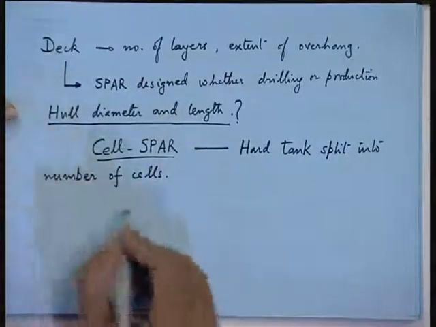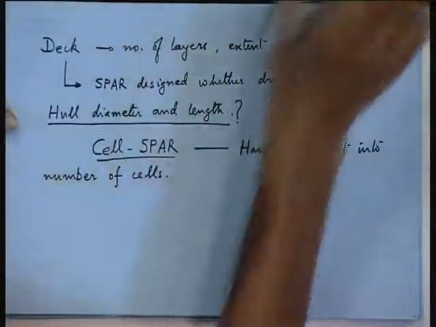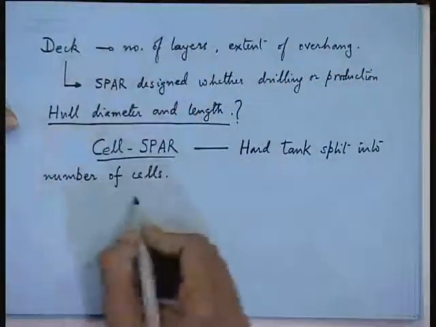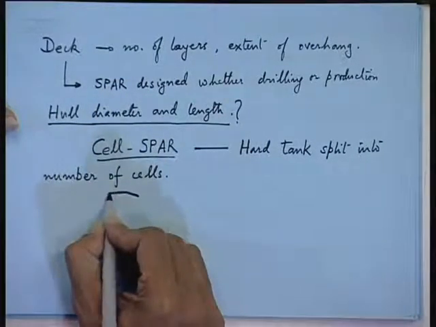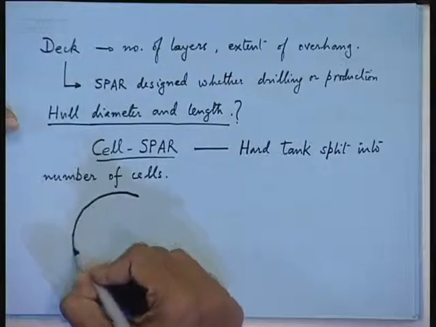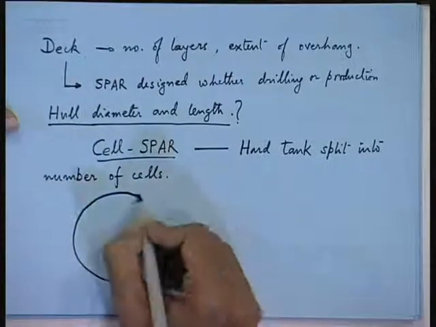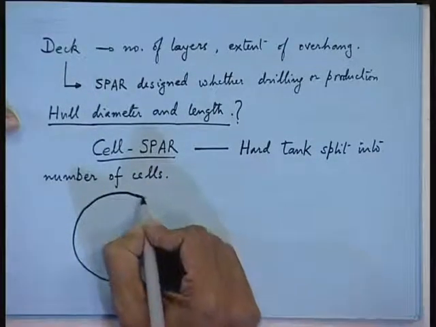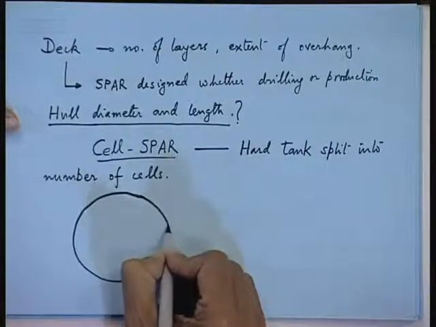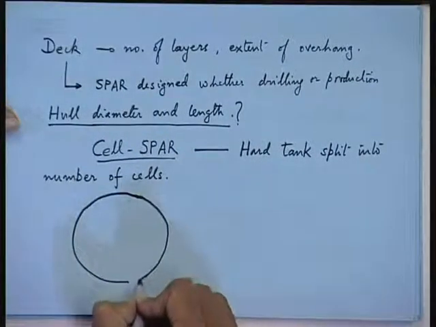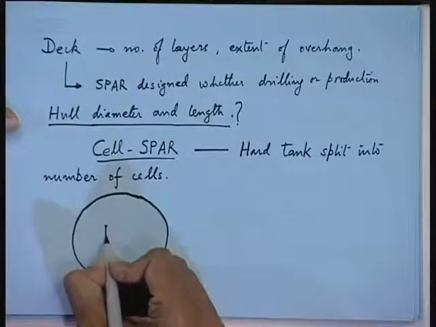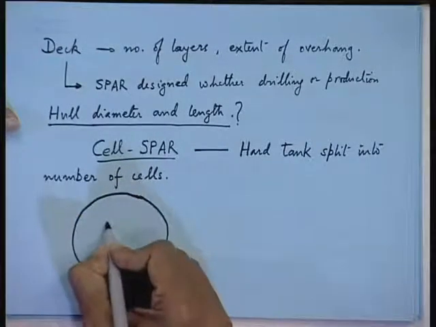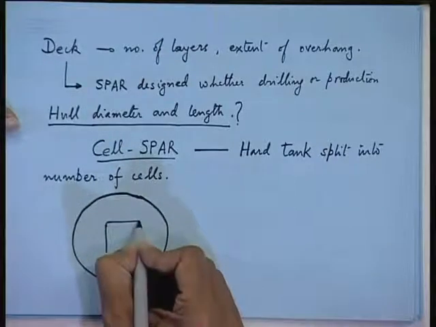Now the hull, if you take a cross section across the hard tank, you will find that your cross section looks like this. Inside you have a rectangular opening for passage of your riser.